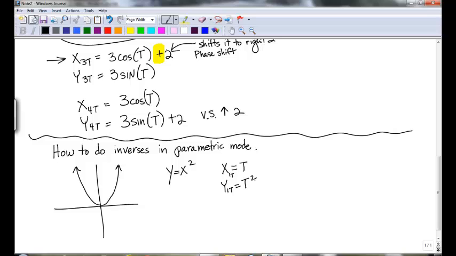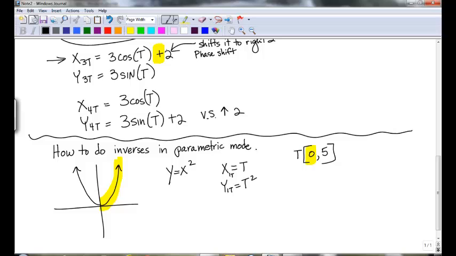Now here's where you end up with trouble. If I go 0 to 5 on my t, I'm only going to get this much. I need to change this to negative 5, and then I'm going to get the other part of it.